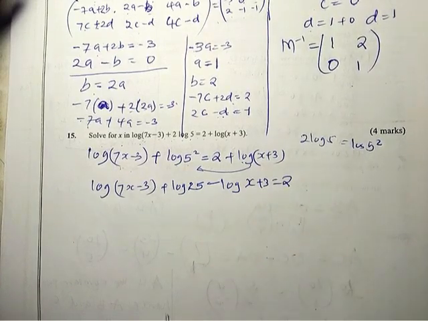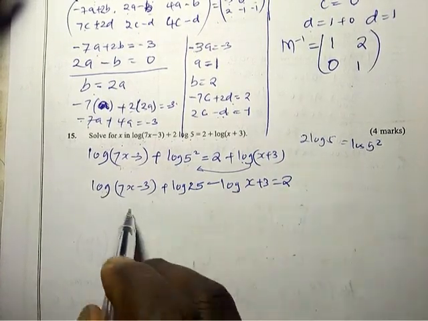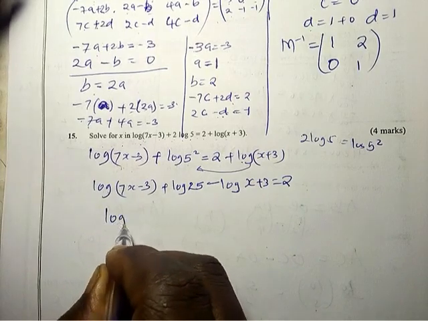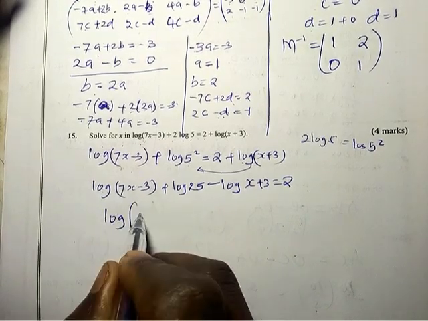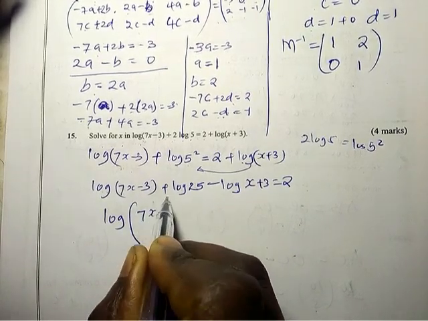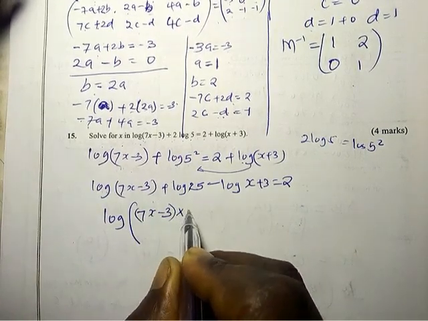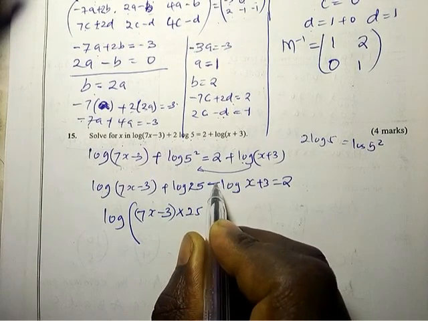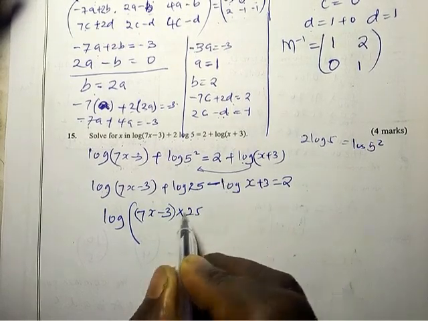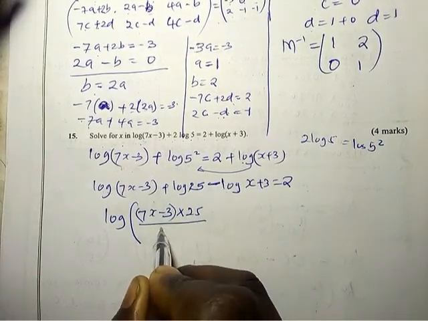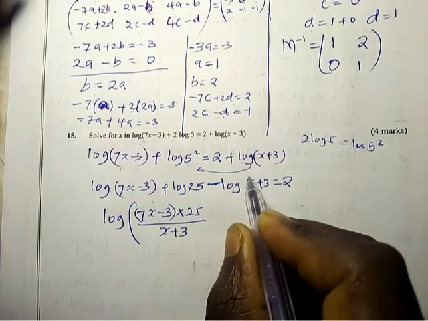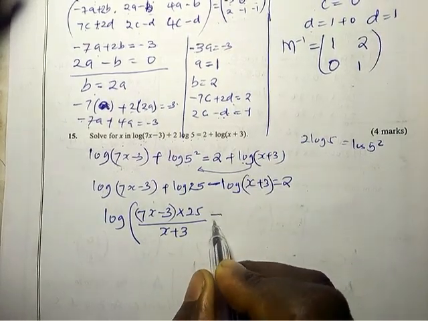So now we take one log: plus means multiplication in logarithms, so 7x minus 3 times 25, minus means division, so divide by x plus 3. The answer will remain 2.